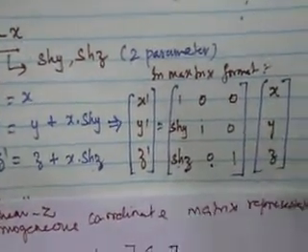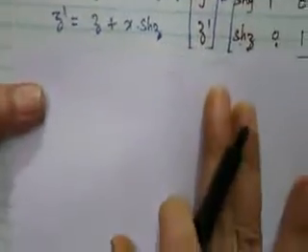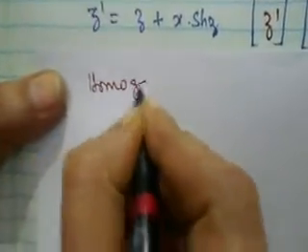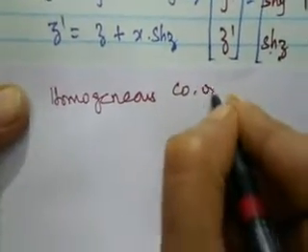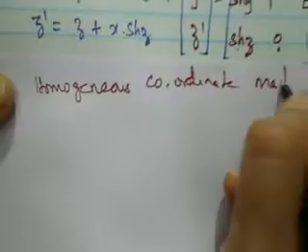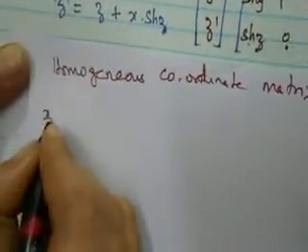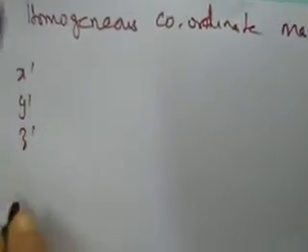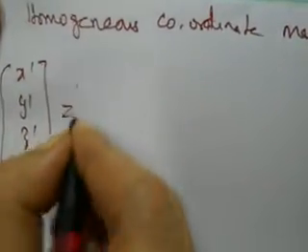Now we have to represent the same in the homogeneous coordinate matrix format: x dash, y dash, z dash, homogeneous coordinate variable h.